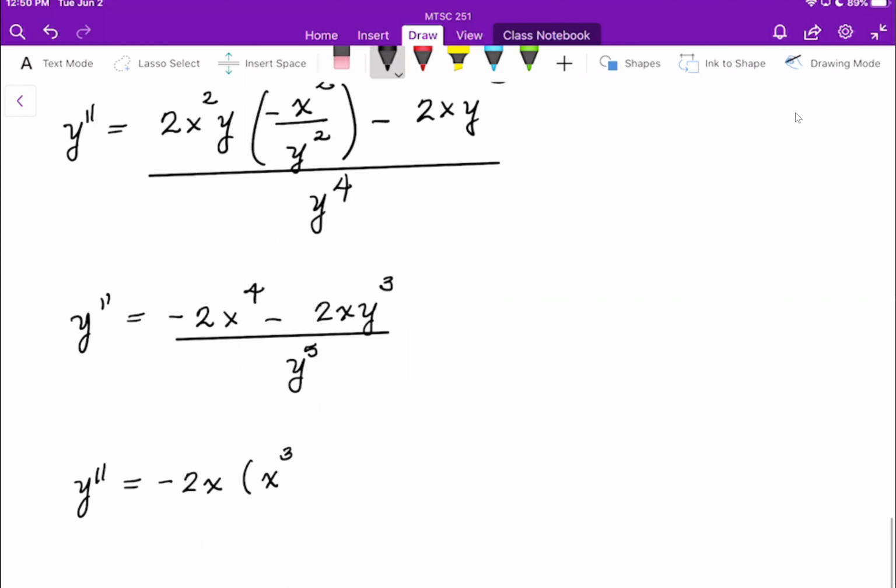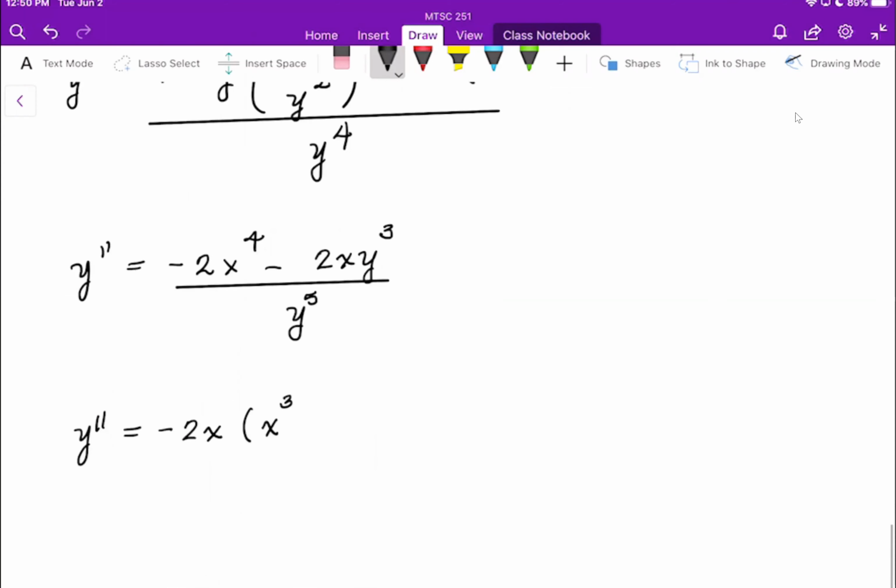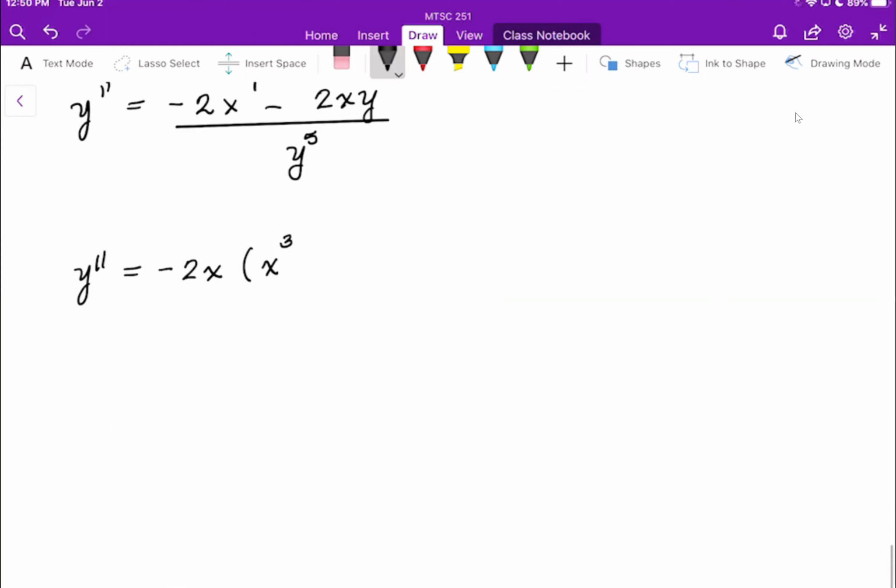Yes, this was negative, that's correct. I factor out minus 2x, so therefore this becomes plus y cubed. And then this is all over y to the fifth.